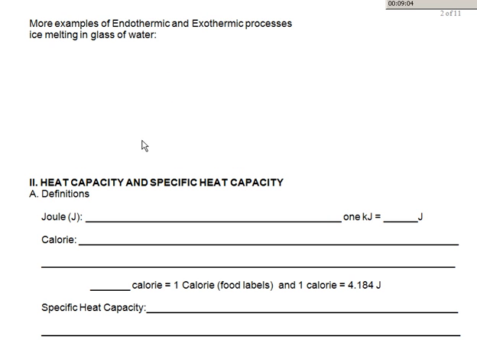Let's take a look at one more scientific example of an endo or exothermic process. We're going to take a look at ice cubes melting in water. So there's our glass, and we've gotten some ice water because it's a hot summer day. So we've got a few ice cubes floating around in here.